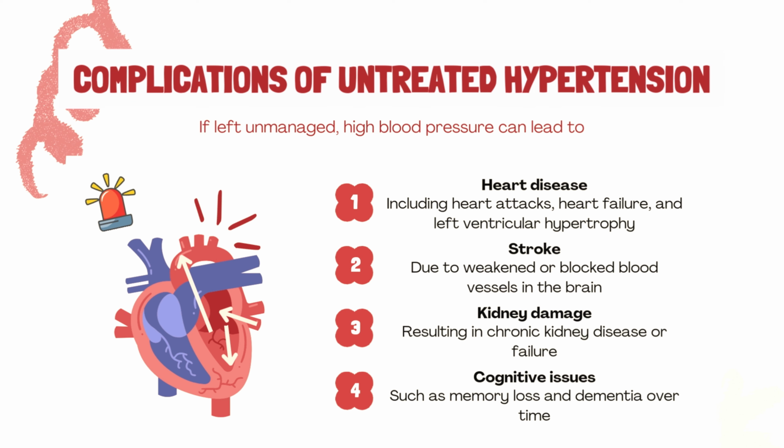Kidney damage results in chronic disease or failure. Cognitive issues include memory loss and dementia over time. These are certain complications that can be seen if hypertension is not treated and the lifestyle is not modified.